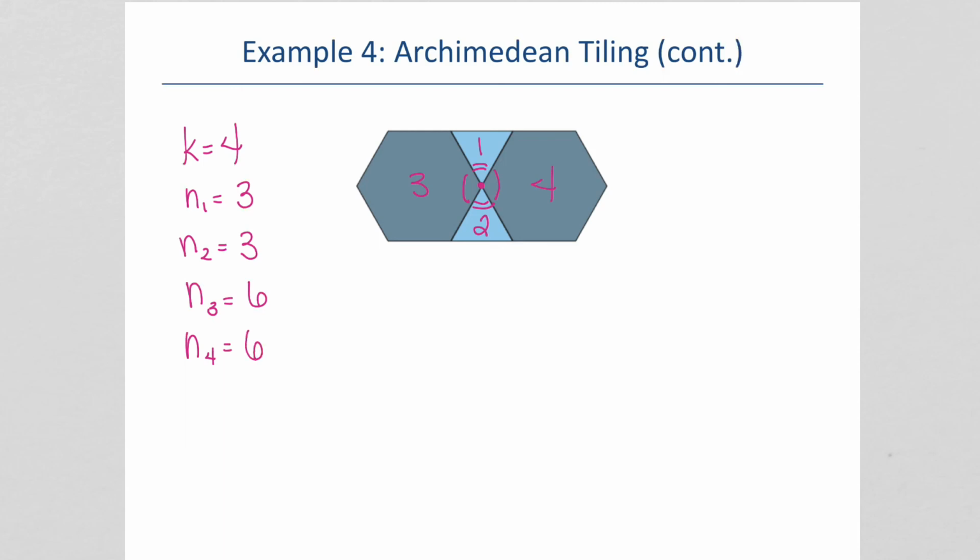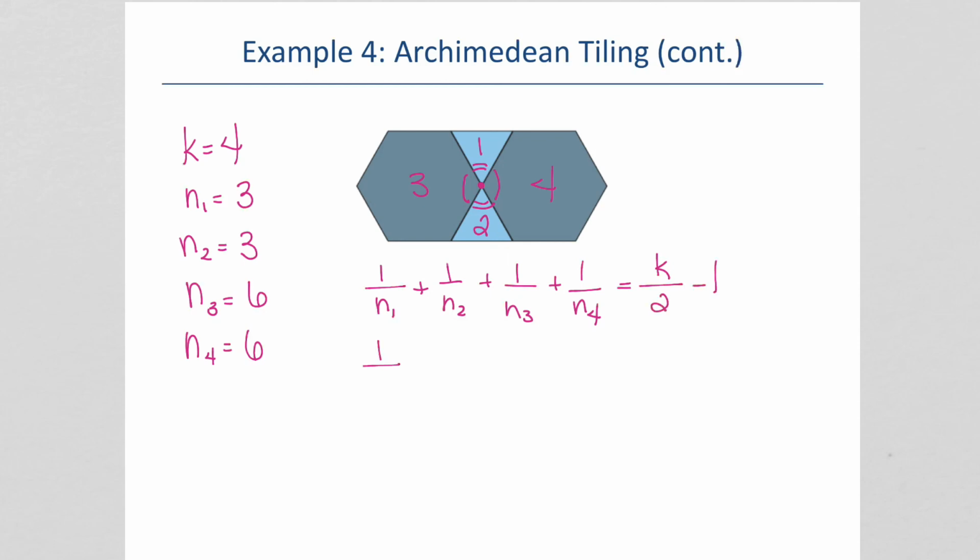So we want to see if our formula works. We want to see if 1 over n sub 1 plus 1 over n sub 2 plus 1 over n sub 3 plus 1 over n sub 4 is equal to k over 2 minus 1.